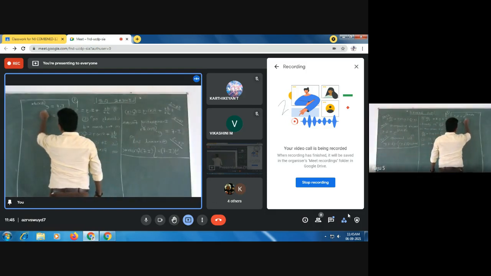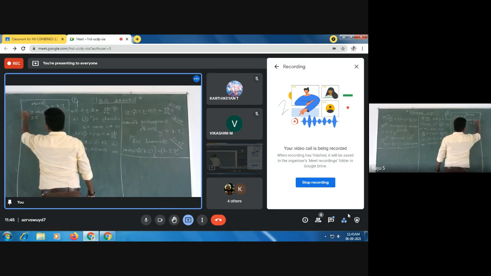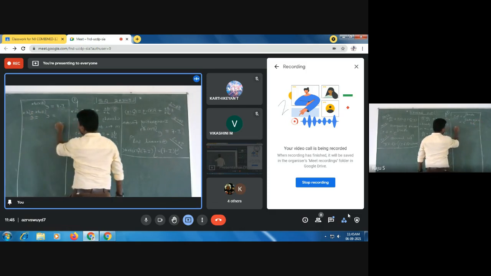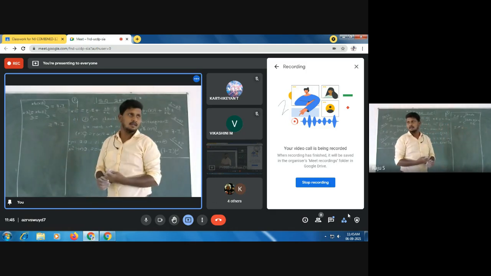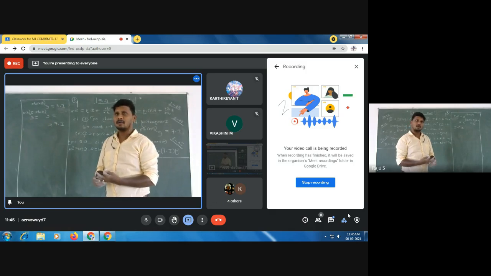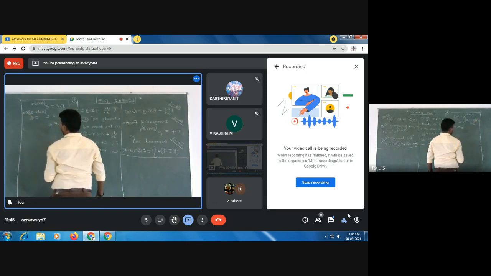So e to the power of integral 2 into dx. 2 is constant, take it outside dx. Finally, what is the integrating factor? E power 2x. Yes, integral dx value, derivative and integral cancel. So e to the power of 2x. This is the integrating factor.